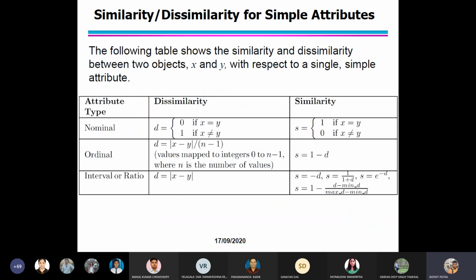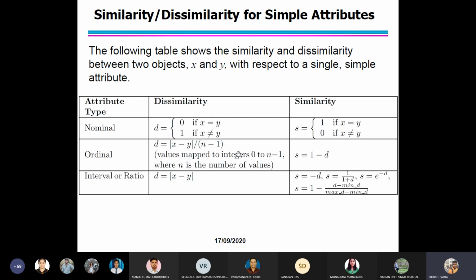Now we want to find the distance between large and small. So what we compute is 1 minus d, where d is the distinct number of values here. That is the difference here.